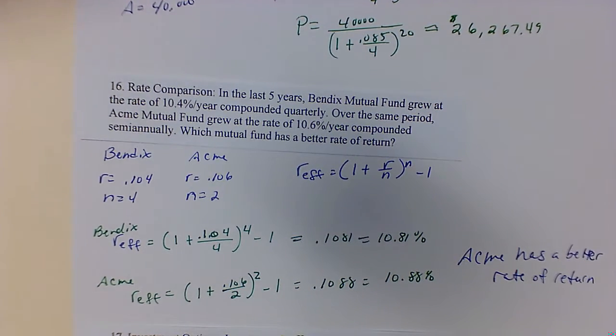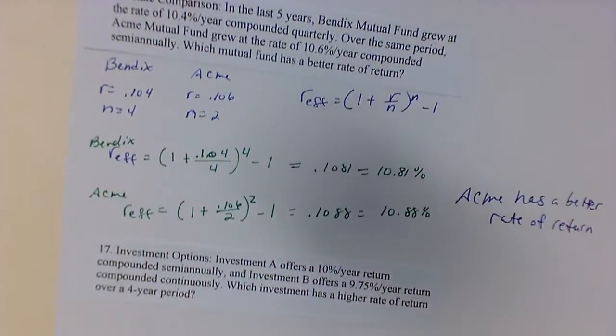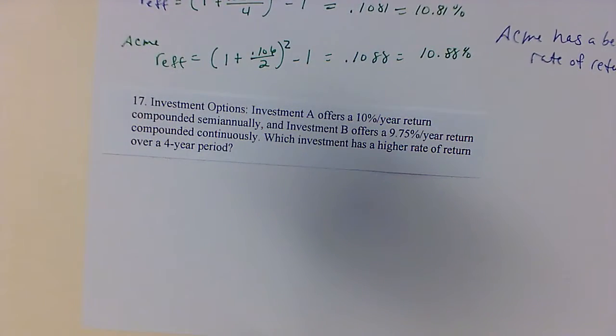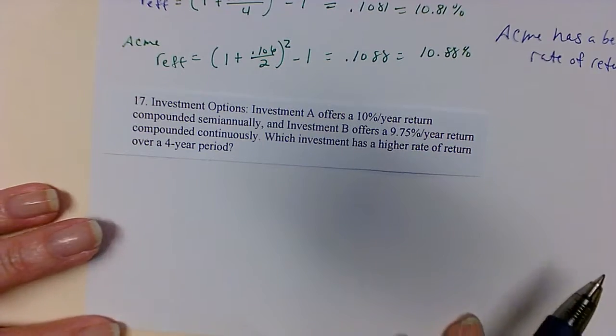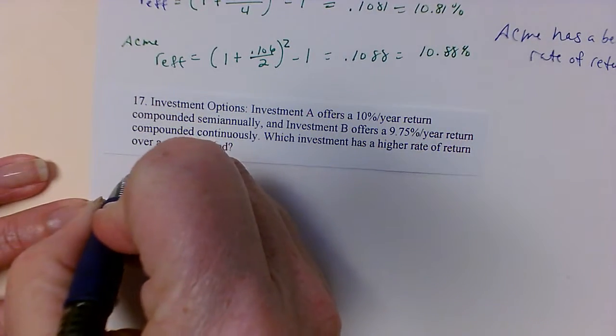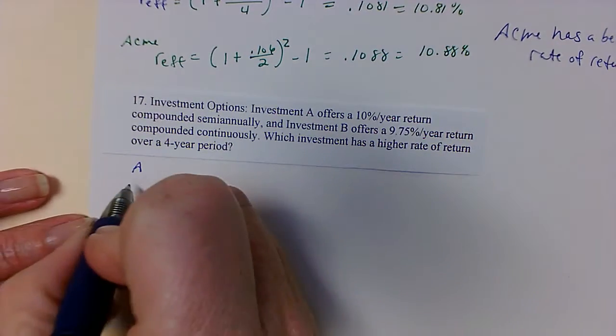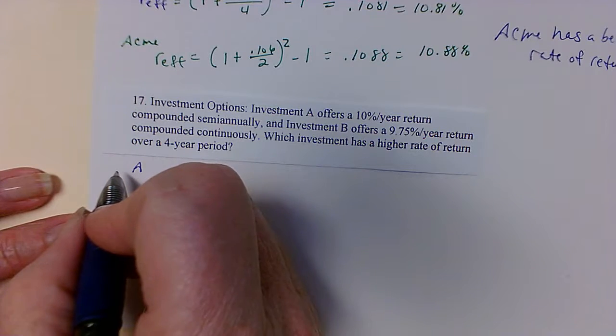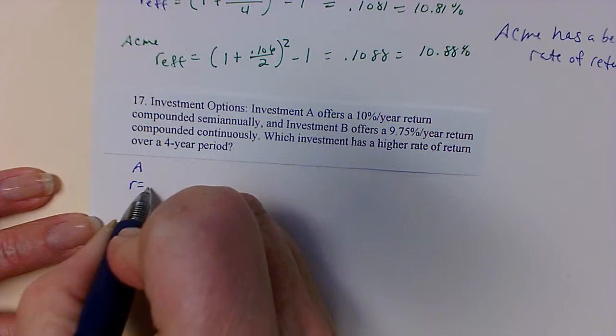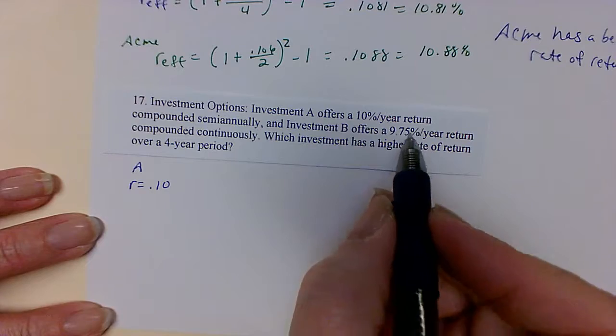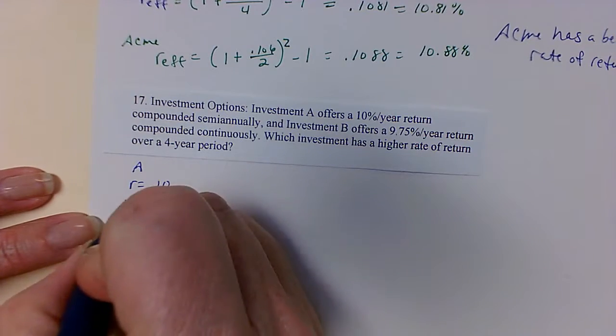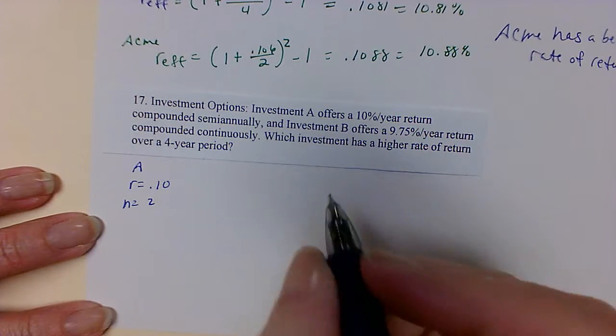All right, our last problem I'm going to do here is an investment options problem, and we have investment option A and investment option B. A offers a 10% return, so our R is going to be equal to 0.10, compounded semi-annually, so N will equal 2.